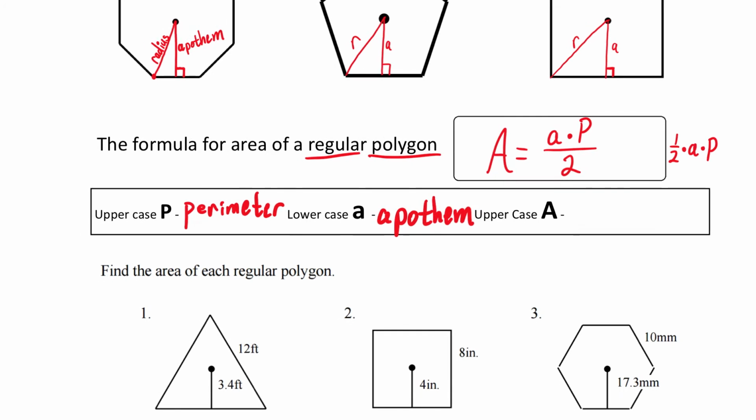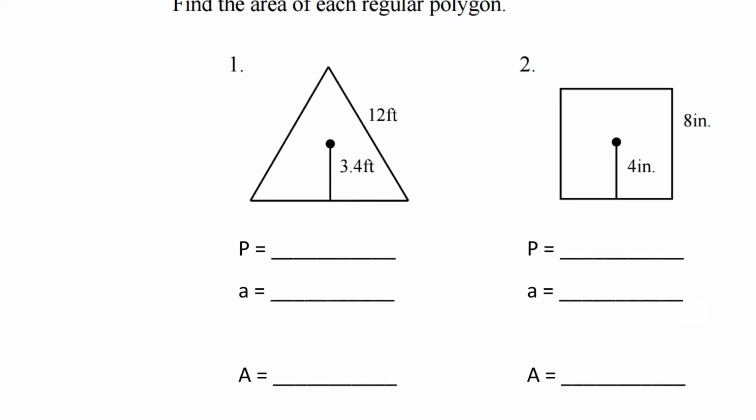The uppercase A refers to the area of the shape. Okay, so this is our formula. Apothem times perimeter divided by 2.